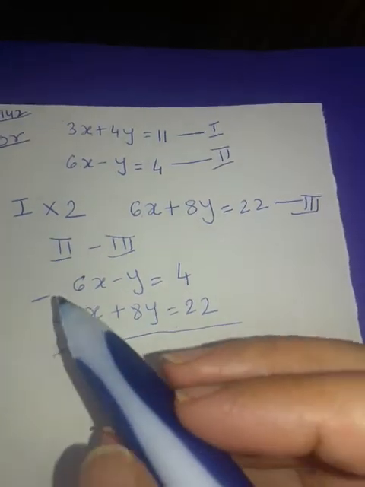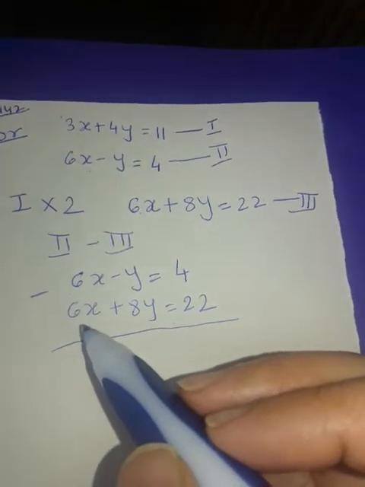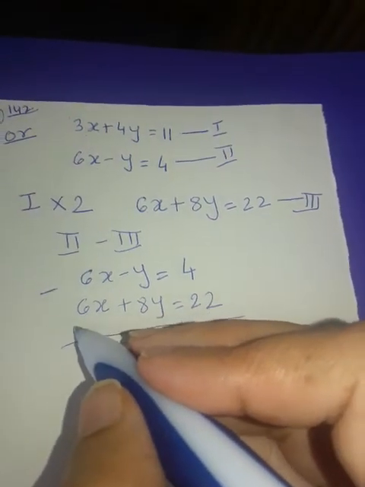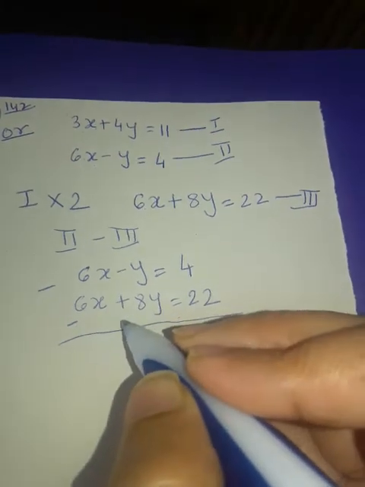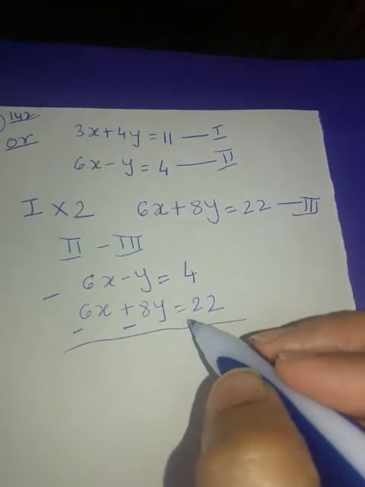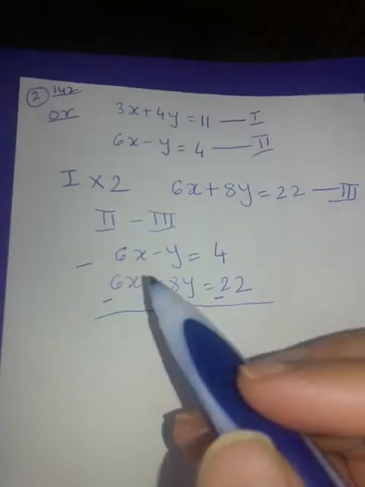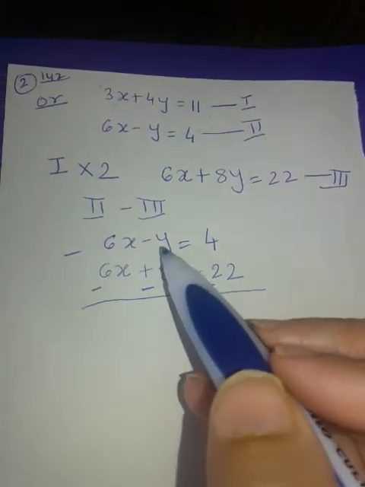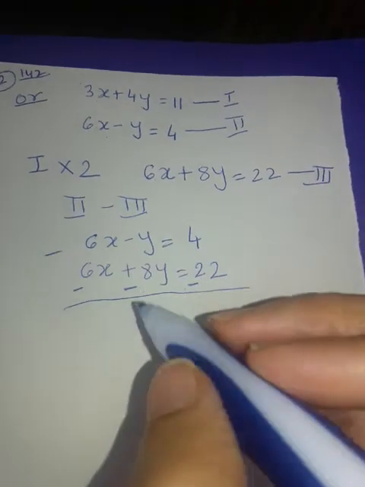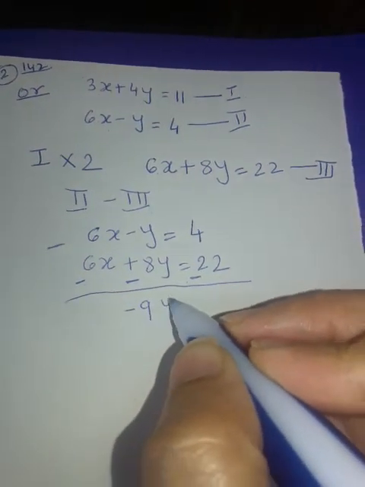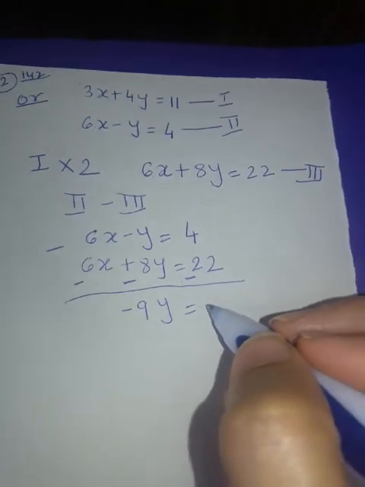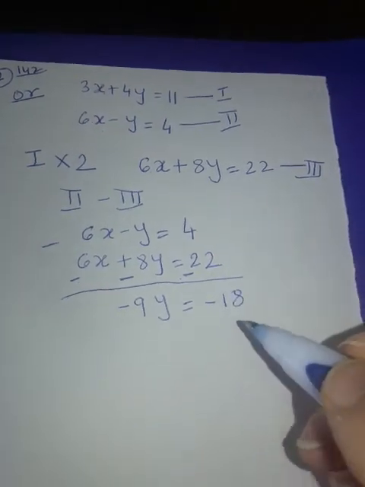Always remember this: subtraction means you need to change all the signs on the second equation. So plus 6x becomes minus, plus 8y becomes minus, plus 22 also becomes minus. 6x minus 6x, so eliminated. Minus y minus 8y, that is minus 9y. 4 minus 22, that is minus 18.